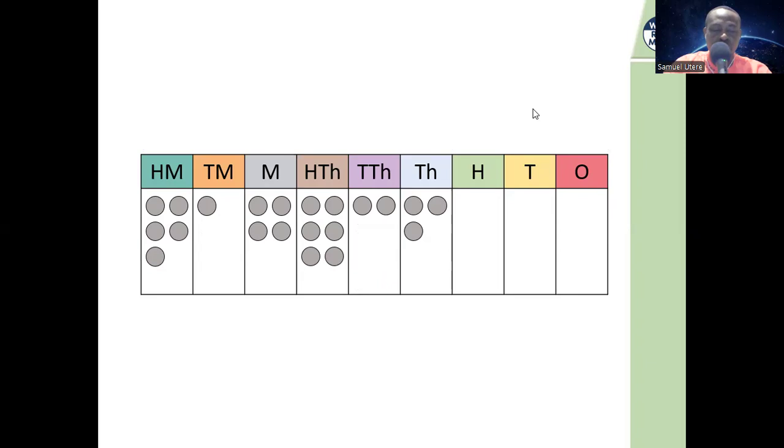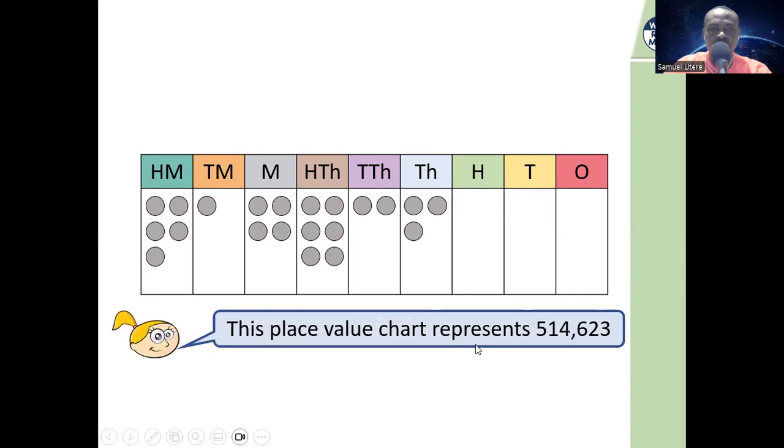What about this one? Have a think. How would we represent this number? Here, let's call her Lucy, says that this place value chart represents 514,623.